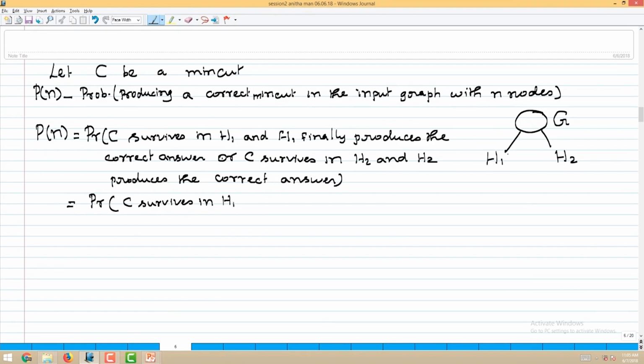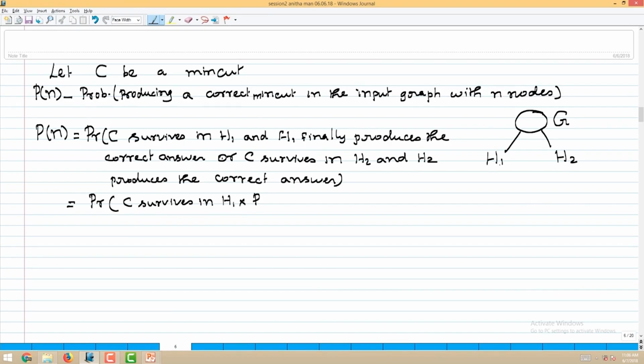Now, what about the number of nodes in H1? N by root 2, approximately n by root 2, correct. So, the next step, and H1 finally produces the correct answer. So, can you write it in terms of P? Into P of n, which is the probability of producing the correct answer for an input graph with n vertices.